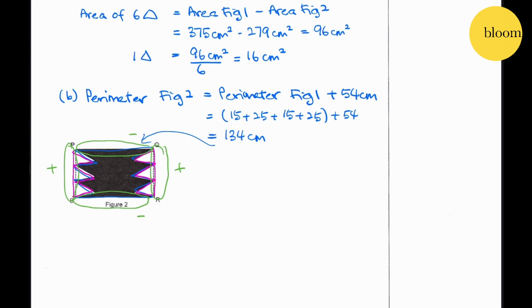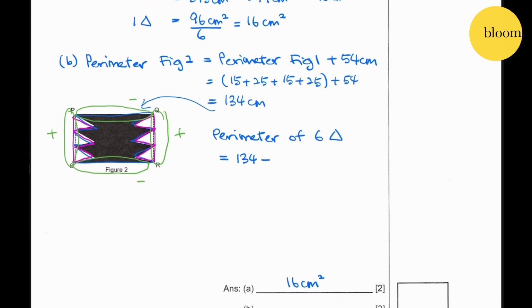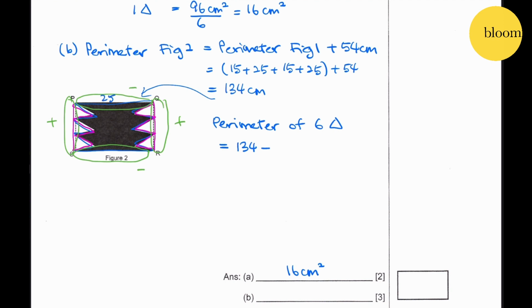So, perimeter of 6 triangles is given by 134 minus 25 minus 25 plus 15 plus 15, it gives us 114 cm.